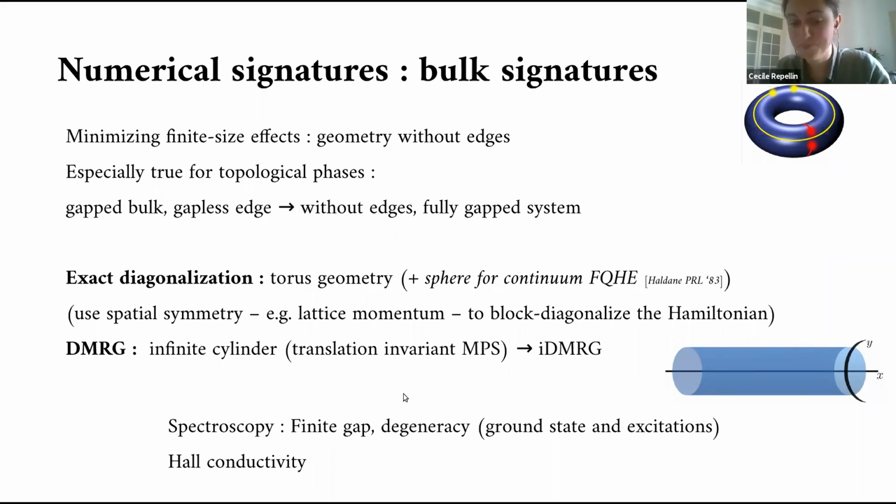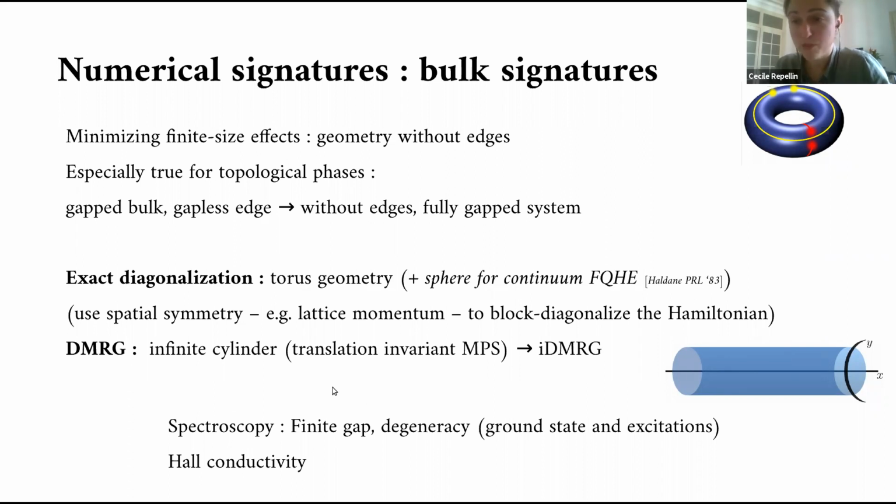I've said that topologically ordered phases have a gap, so it's probably the first thing you should check to know if you have a topologically ordered phase. It could also be a degeneracy, so degeneracy of ground states or excitations. And as you'll see, when I say spectroscopy, sometimes it means energy spectrum, but it can also be entanglement spectrum, which is especially relevant in this context. And I'll talk more about this later.